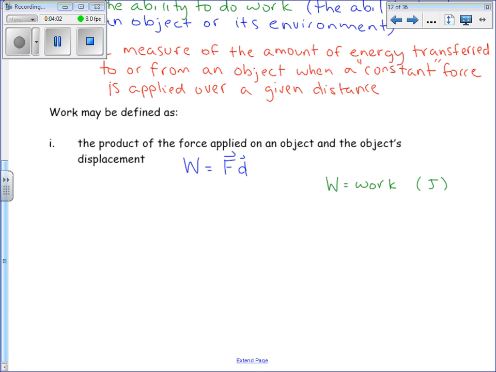Because remember, work is a measure of the amount of energy, so it's measured in the same units, joules. F is the constant force, so the force applied, and that's measured in newtons. And D is the displacement of the object in meters.